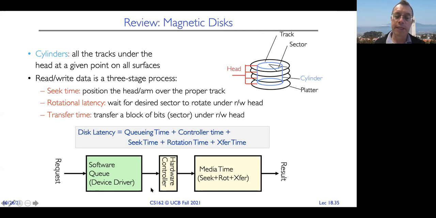The overhead to move the heads is called seek time. Then once you are above the corresponding track, you need to wait for the proper sector to come under the head so you can read and write. This is the rotation time. And finally, the transfer time: the time to read and write the information from the sector.